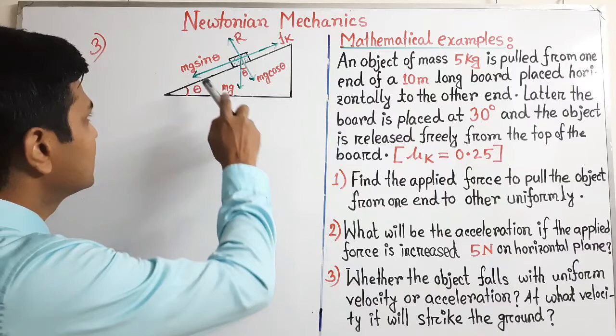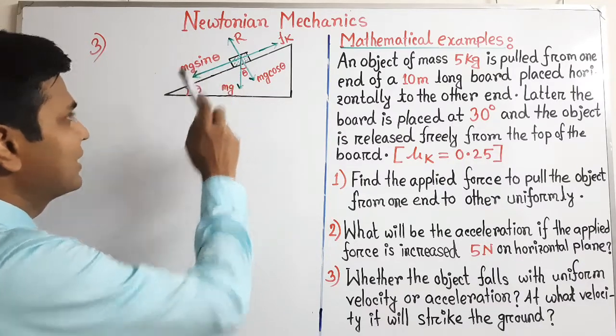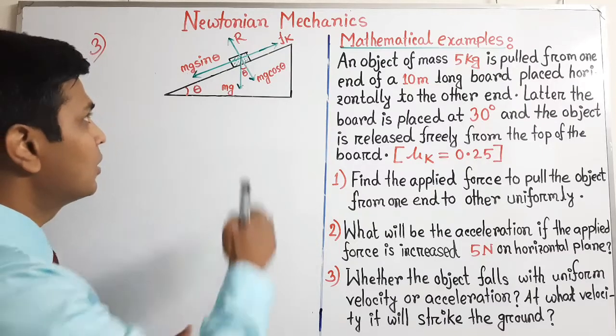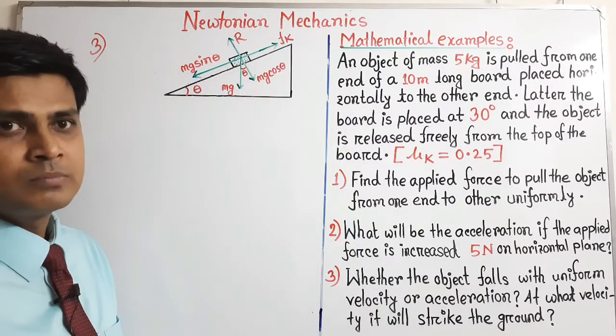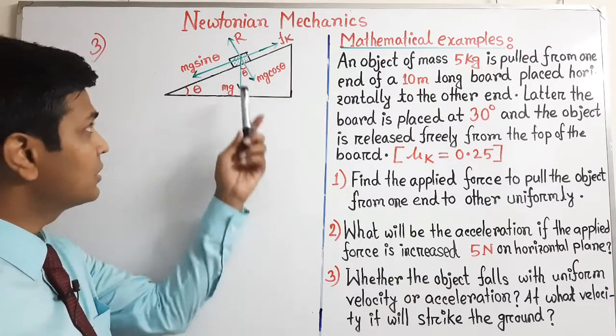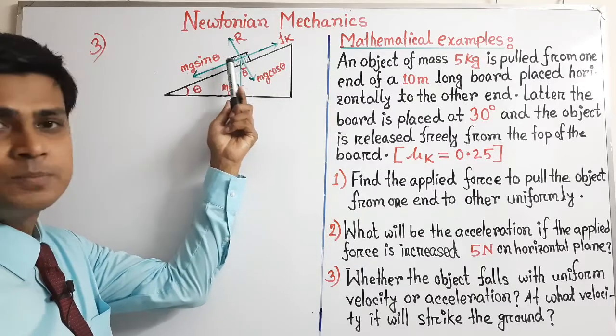Here the vertical component of the weight, mg sin theta, acts in the downward direction, and it is responsible for pulling the object downward. And as you know, the frictional force always acts in the opposite direction of the applying force.